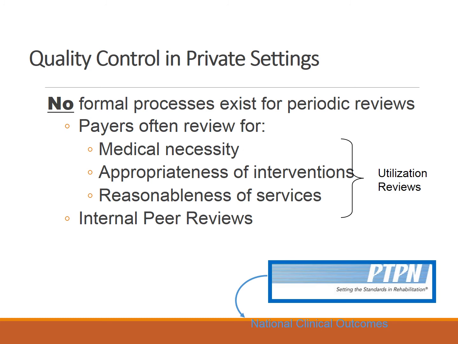And quality control in private settings. I think that a lot of private settings may not have a formal process. However, payers routinely review for medical necessity, appropriateness of care, and reasonableness of services. So I was contracted with a number of years ago by Medicare to do reviews of physical therapy outpatient charts, because they wanted to say, did this meet the regulatory requirements?